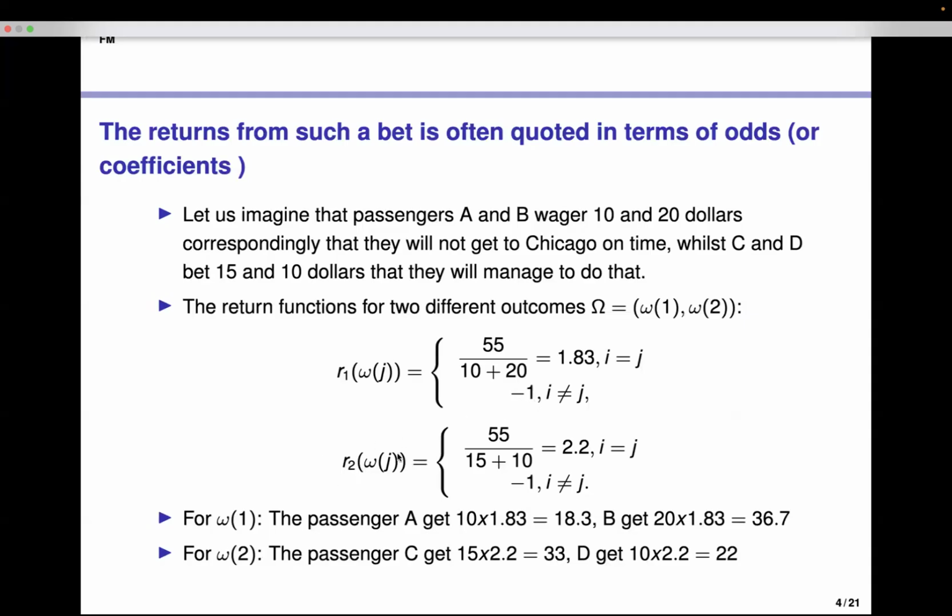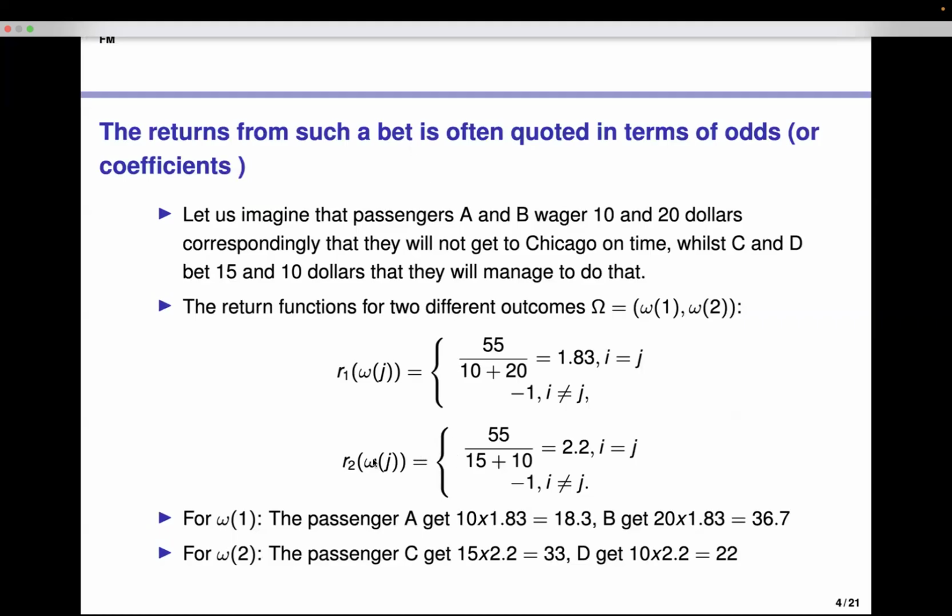You can see a similar situation for the next return function, because there are just two return functions, since you remember there will be two bets, one on time and one otherwise.